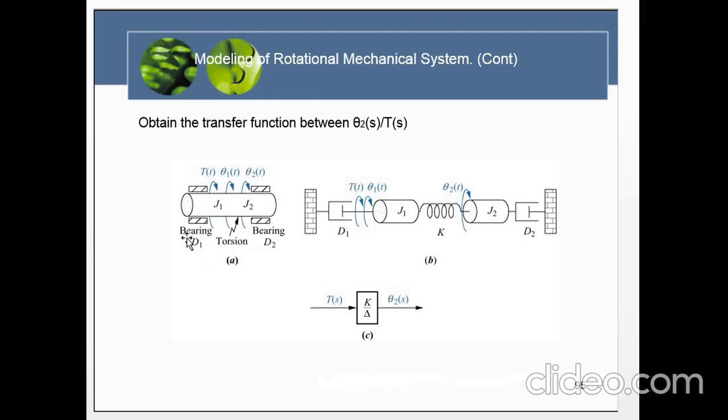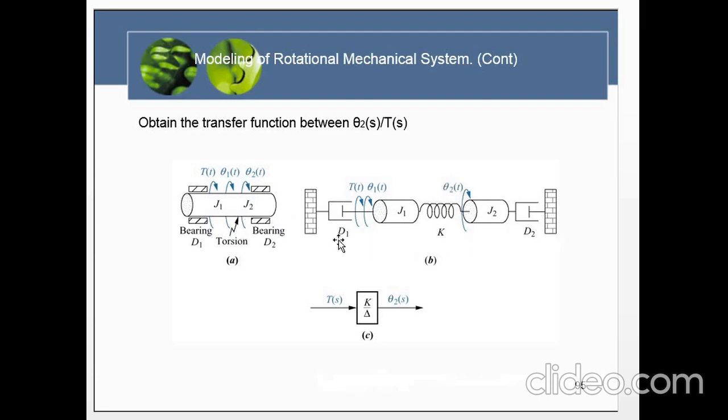D1 is for bearing 1 and D2 for bearing 2. This is the friction or damping phenomenon.